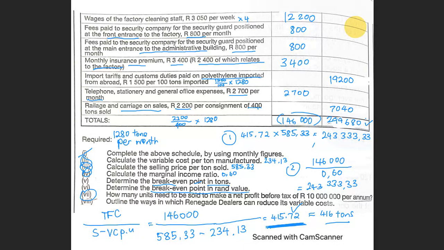The last one now says to you, how many units needs to be sold in order to make a net profit before tax of 10 million Rand per annum? So here it's important to note that is per annum. And remember we said when we looked at the last bit of learning unit 3, learning unit 4 in Monday's lecture, the last thing is how to work out when a certain profit target is aimed at.